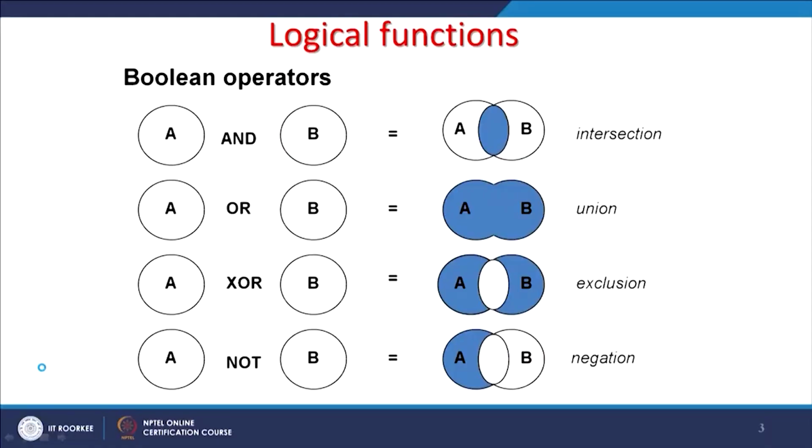In Boolean logic or these functions, we used to have A intersection B, A union B, A exclusion B and A negation B. When the set theory was introduced in our 10+2 mathematics, we were introduced to very simple kinds of logical functions or this Venn diagram.